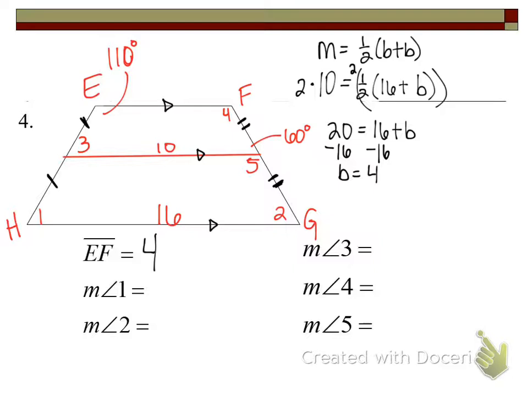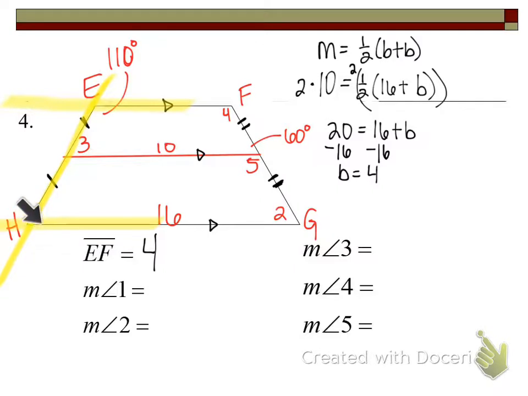But we do have a way of finding these angles, so let's first talk about angle 1. If we were to ignore a lot of what's going on here, I'm just going to highlight that we've got a parallel line on the top and the bottom, and this transversal cutting it on the side here.